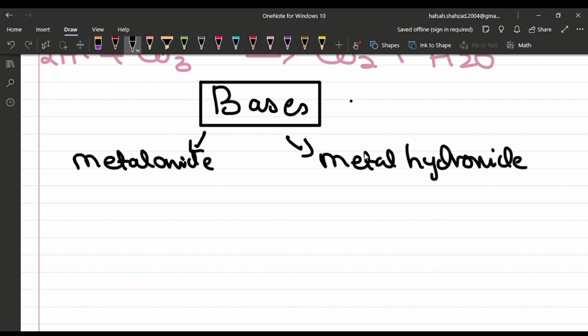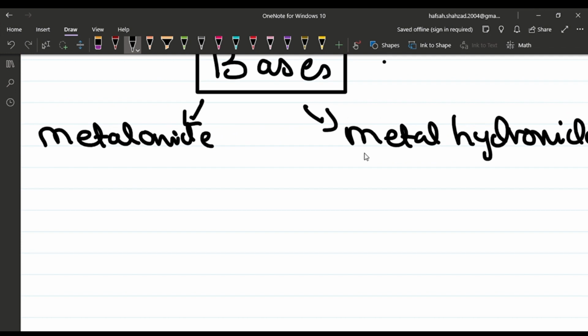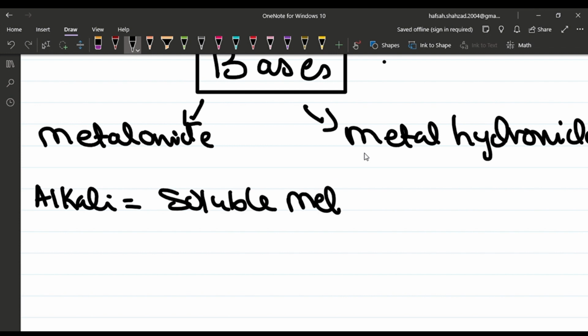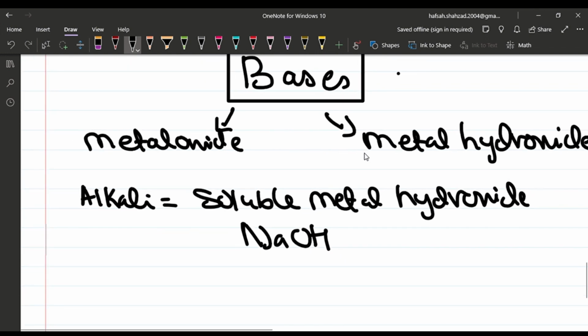Those metal hydroxides which are soluble are known as alkalis. So what's an alkali? Alkalis are soluble metal hydroxides, like the famous example, the strong alkali sodium hydroxide, NaOH.